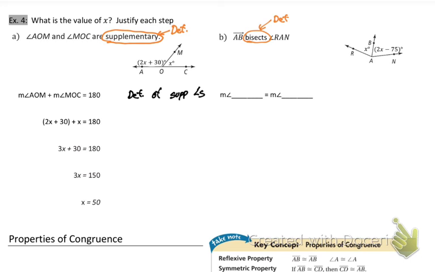So I'm then going to say, okay, that means measure of angle RAB is going to be the same thing as BAN. As a reminder, your vertex has to be in the middle when you name them. So we could have named this BAR and NAB, but the A has to be in the middle for both of them. So I use the definition of angle bisector.